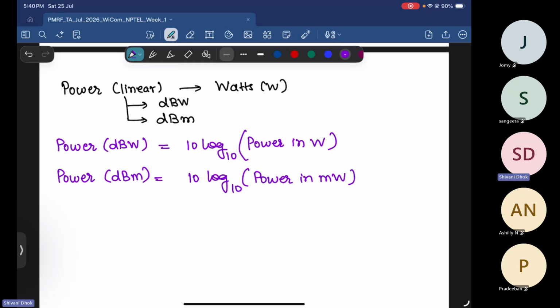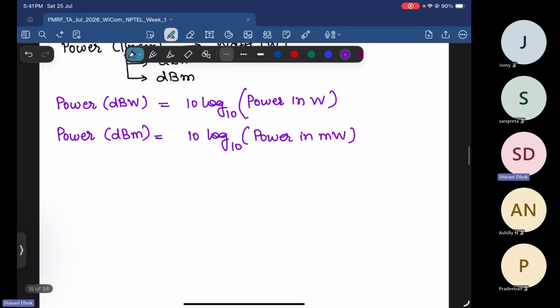So the difference is in the reference power that we are looking at. In the first one we are considering power in watts, and in the second one power in milliwatts. So dBW, W corresponds to watts, and dBm, m corresponds to milliwatts.